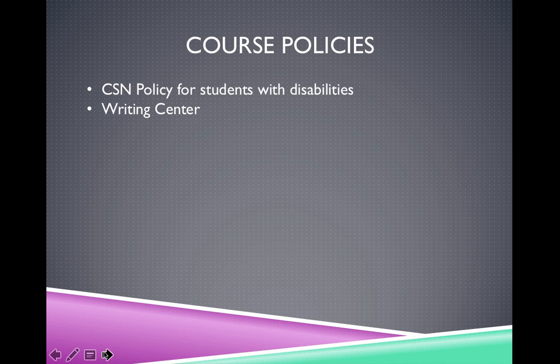The Writing Center policy. There's some information in the syllabus about the Writing Center, but mainly I urge you to work with them early and often. And if you have access to a scanner, I urge you to take what will be called the Smart Thinking draft, the draft that you have to turn in with comments, to the Writing Center and submit that with their comments instead of using Smart Thinking.